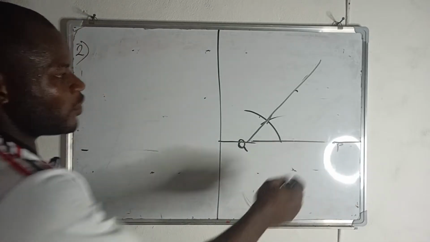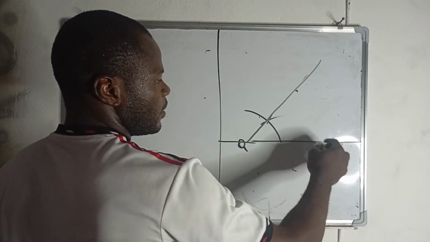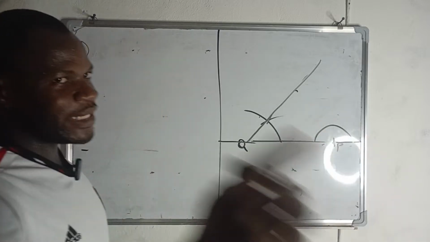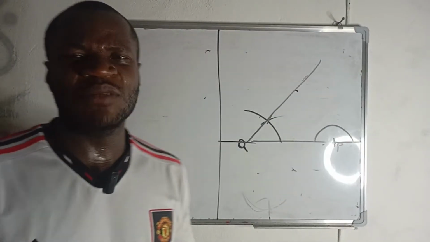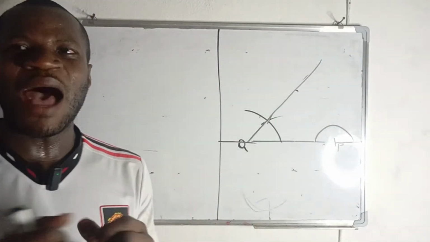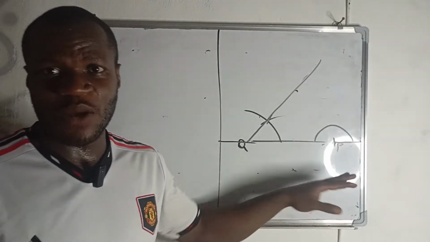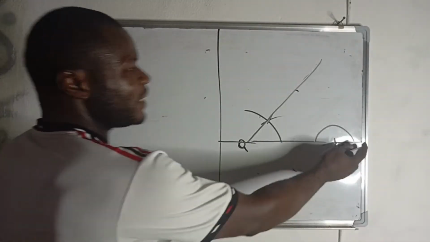So here I'm going to construct 180 from here, putting my pin at P. Then I'm going to make a small semicircle, using that same size without readjusting. Before you start constructing, make sure that your compass is well firm. It should not be too flexible, to avoid taking wrong measurements.